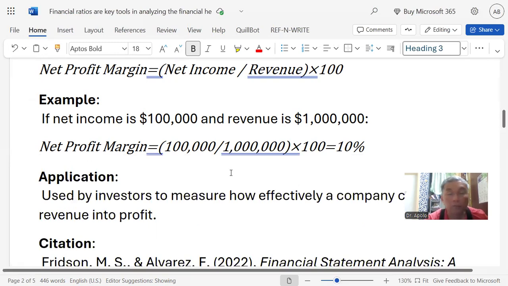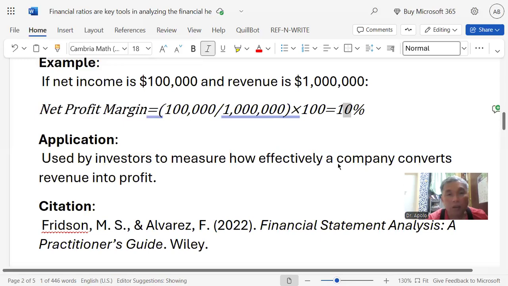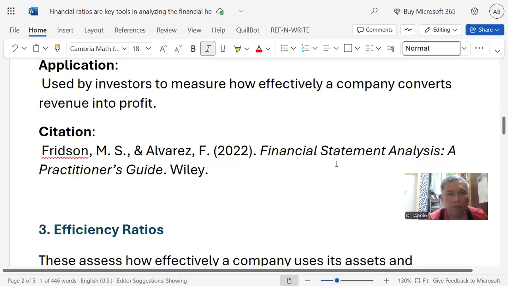Example, if the company has a net income of 100,000 and revenue of 1 million, the profit margin is 10%. That means a little bit okay, because it's not zero. It is used by investors to measure how effectively the company converts revenue into profit. So banks, when they give loans, are going to check for it.